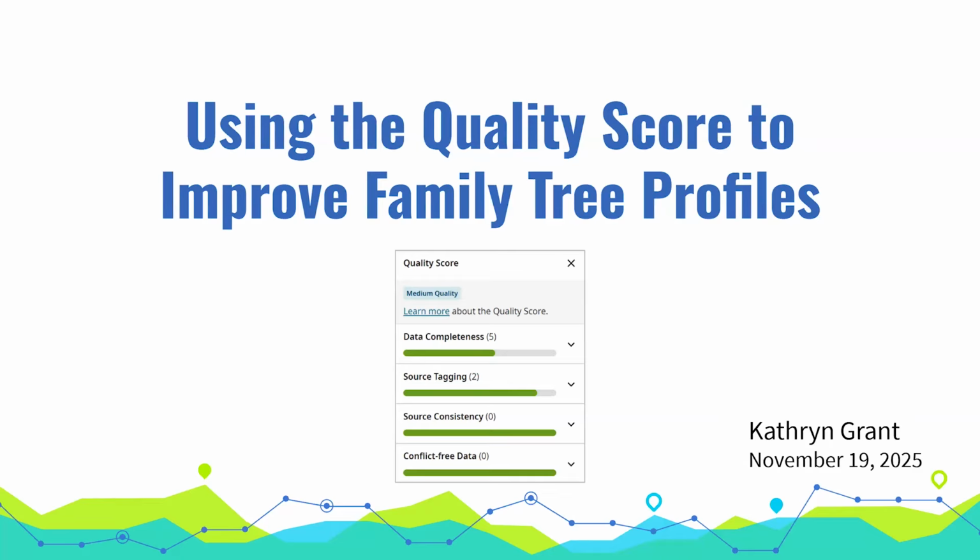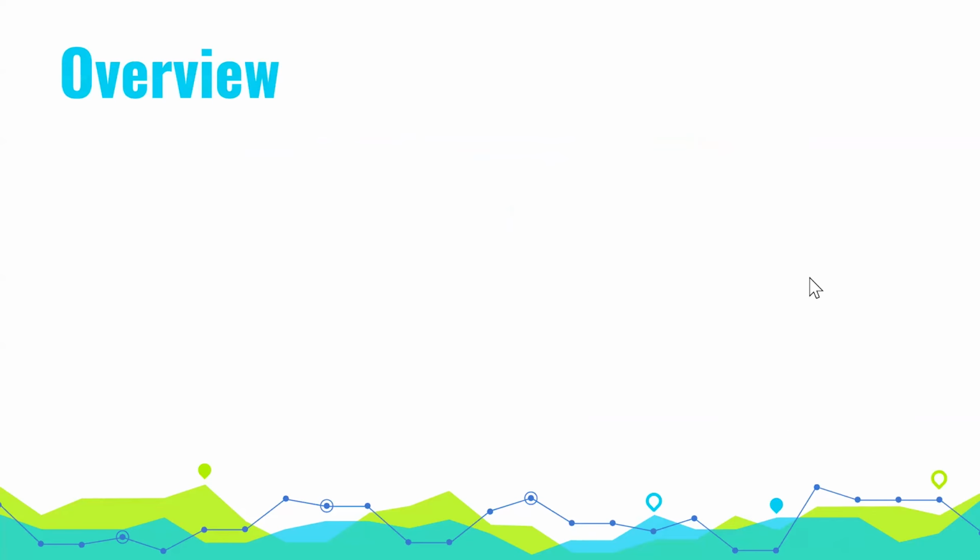As Megan said, if you don't see it for any reason, post a note in the chat and she can assist you with that. But you guys, I am so excited to be with you today to talk about a great tool in FamilySearch, in the family tree part of the FamilySearch website, and that is the quality score. So here's what we've got on our schedule for today.